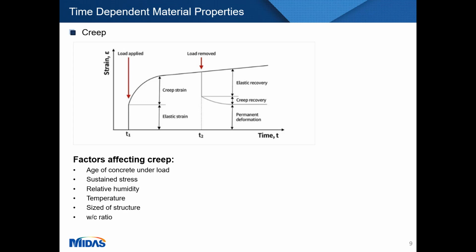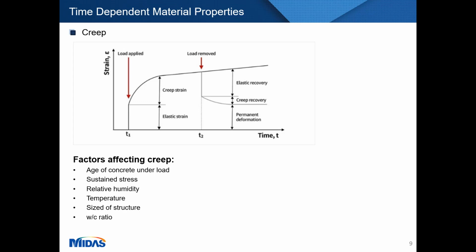And suppose that load is removed, then elastic recovery happens. You can see the elastic recovery at the load removal, and then there is certain permanent deformation that remains. So when the load is removed, there will be elastic recovery as well as creep recovery, but a permanent deformation will remain due to creep.